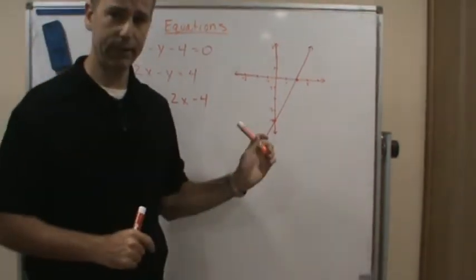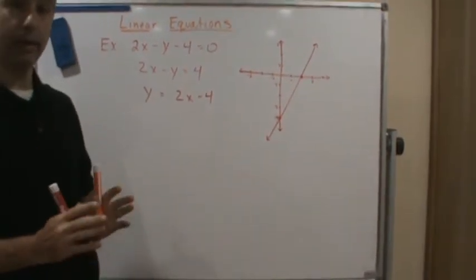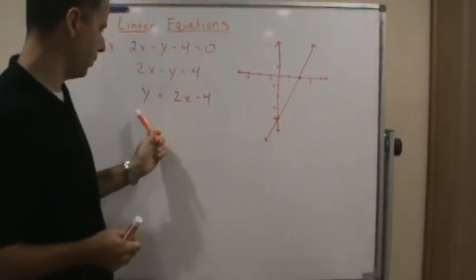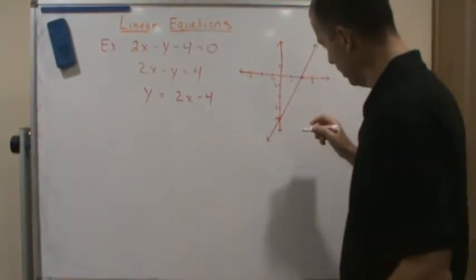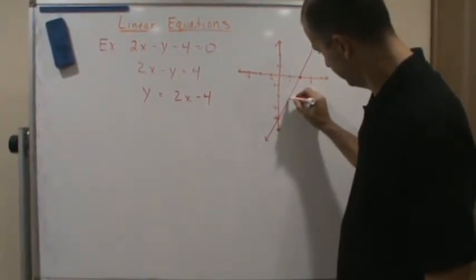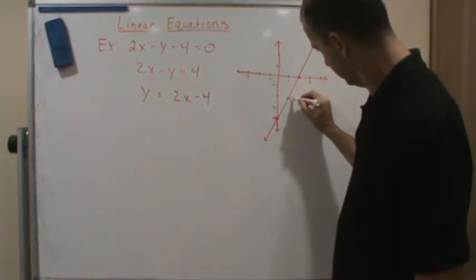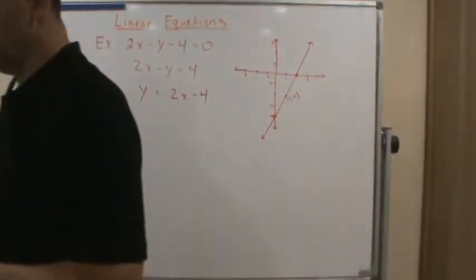Graphically speaking, if we look at the graph, any point on the graph is what we would call a solution to this equation. For example, we see that (1, negative 2) is on the graph.